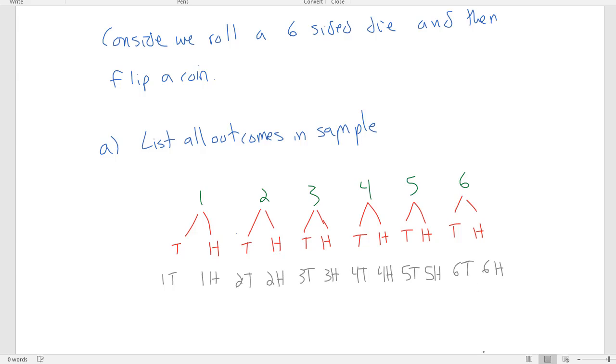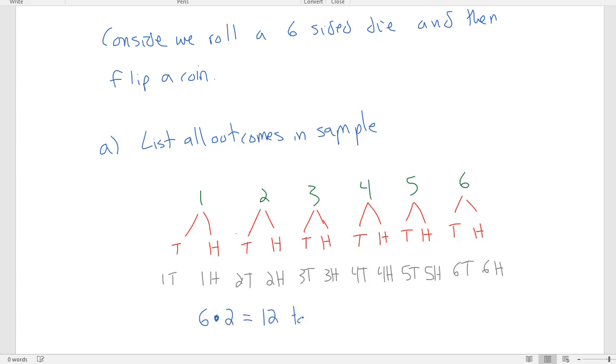Now if we look at all these possible outcomes, how many do I have? Well, I have 6 possible outcomes for the first action and 2 possible outcomes for the second. So I have 6 sides of the die and 2 sides of the coin. This is called the counting principle. It's just to connect to what we just did. We have 6 possible outcomes for the first action, 2 possible outcomes for the second action.